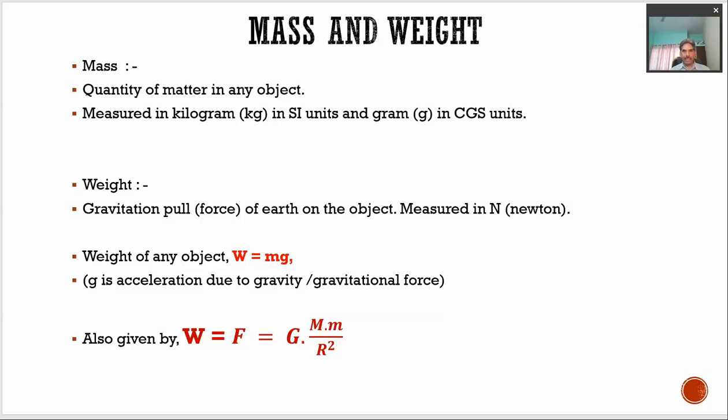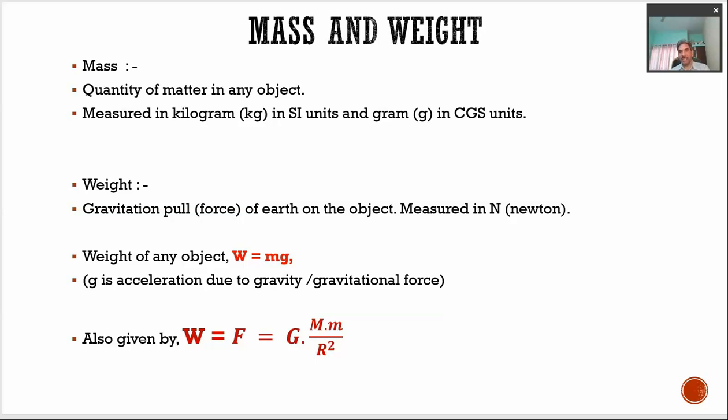And on the other hand, what is weight? Weight is the gravitational pull or force of the earth on the object. If we are talking about the earth, weight is nothing but the gravitational pull or gravitational force of the earth on that object.